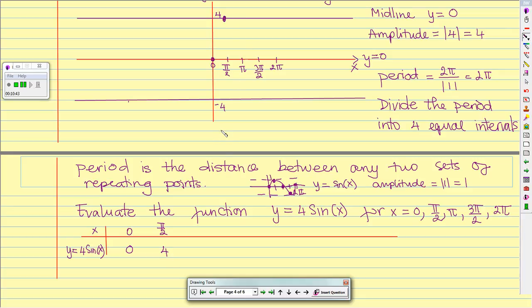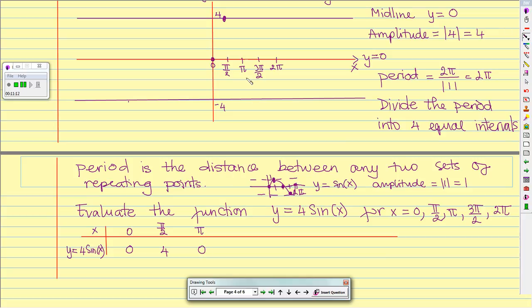So the point goes to the y maximum of 4. You can see that the set of 5 points will be very similar to the set of 5 points from our parent sine function, except the amplitude is 4, so it will be a vertical stretch. So your y max will be 4, your y min will be negative 4.